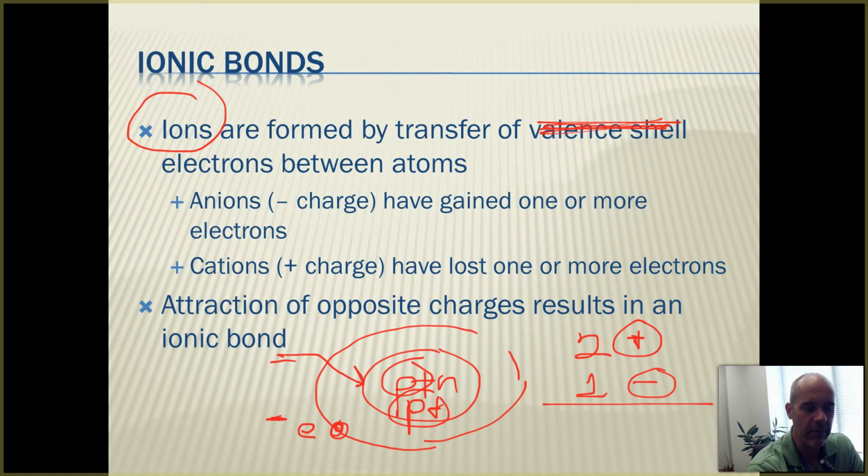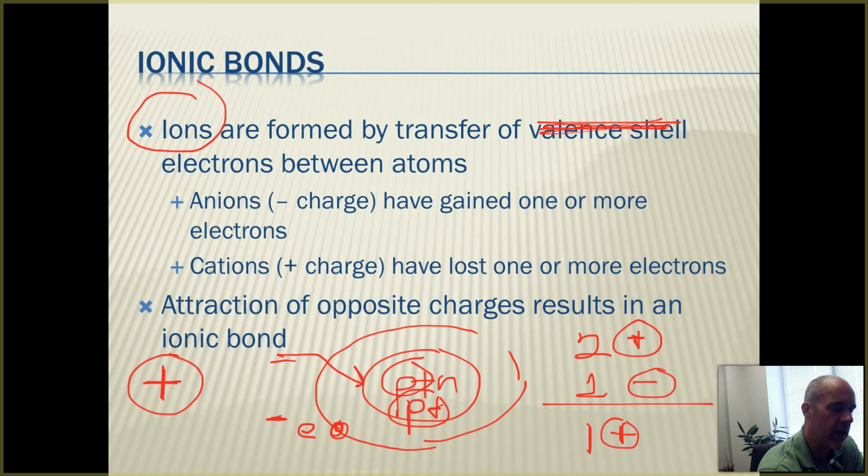What's your overall charge going to be? You're going to have a net charge of 1 positive charge. So in that scenario, if an atom loses one electron over what it normally has, it's going to wind up with a single positive charge, and it would be called a positively charged ion.